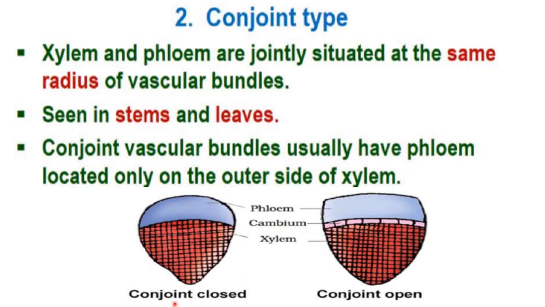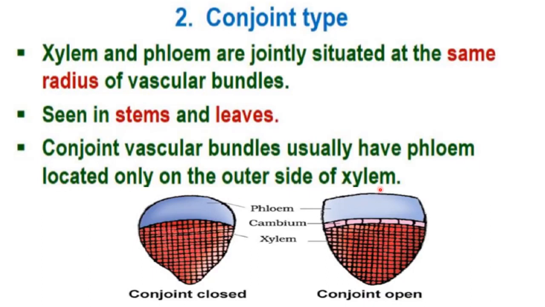That's why we are naming these conjoint closed and conjoint open, because we are taking both things into account here.